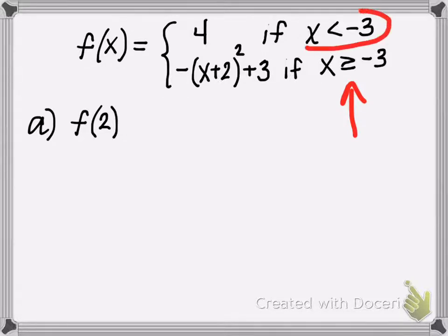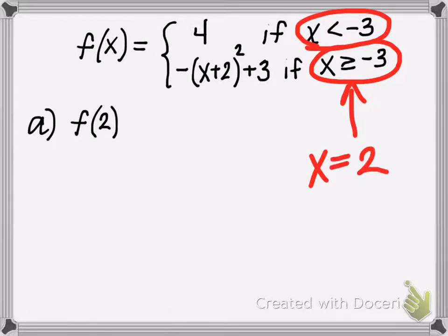My top domain is when x is less than -3, and my bottom is when x is greater than or equal to -3. So where does 2 belong? Well, hopefully you realize that 2 is greater than or equal to -3, so 2 belongs in the bottom domain, which means I'll substitute 2 into the bottom piece, or the second piece in this case.